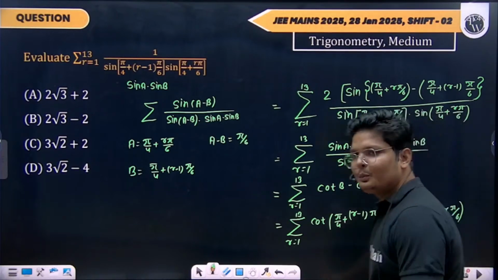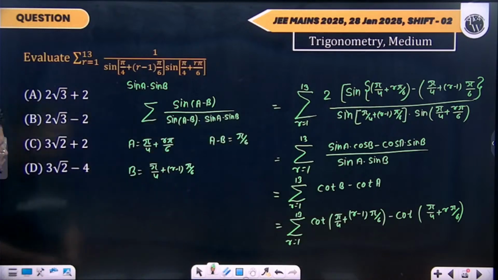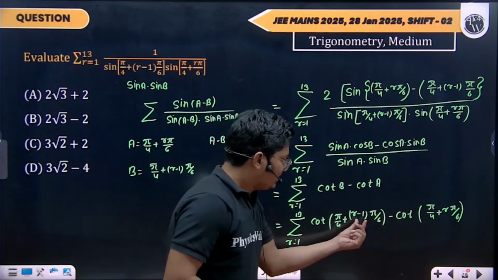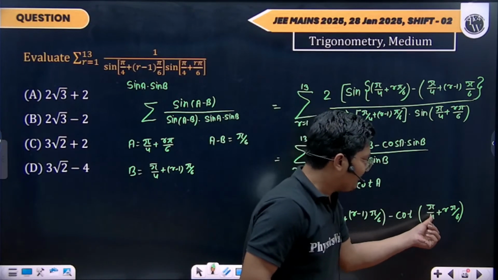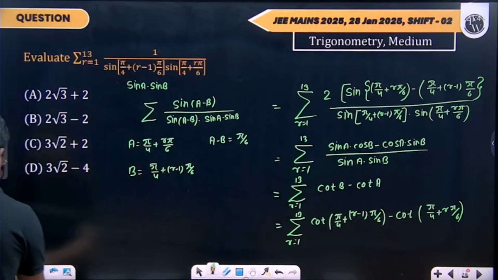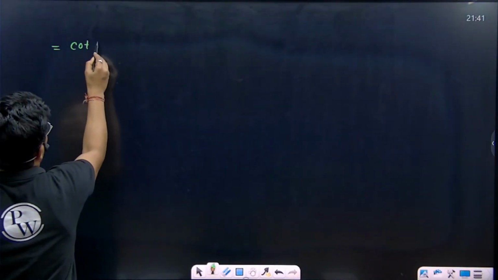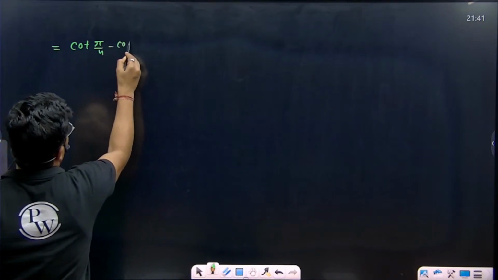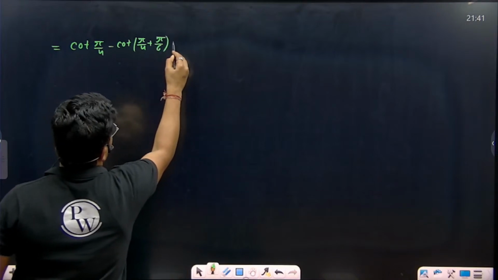So now we have to put the value of limits, which is r. Okay, so we will put the value of r as 1. So this will become 0 and we will get only pi by 4, and this will become pi by 4 plus pi by 6. So now we put the limit. So this will become cot pi by 4 minus cot of pi by 4 plus pi by 6. I hope it is clear.